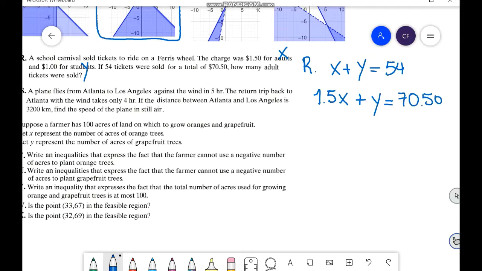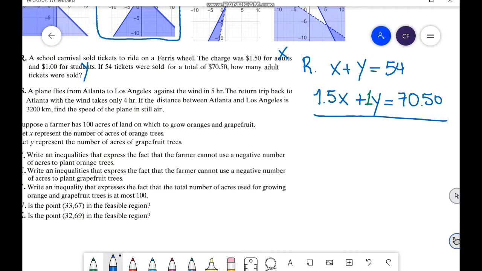Remember that we have here 1, right? $1. You have the system of linear equations. You can solve using the graphing method or substitution method. I will show here how to solve using the addition method. I like the addition method.